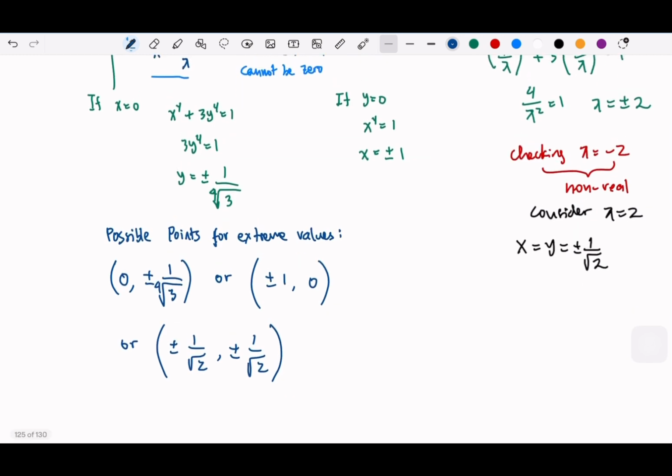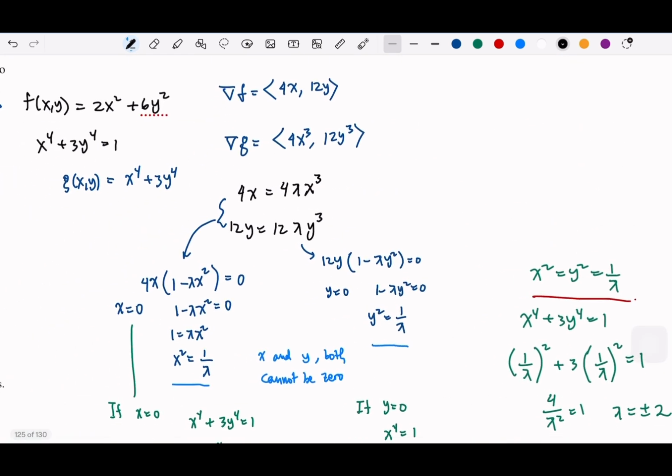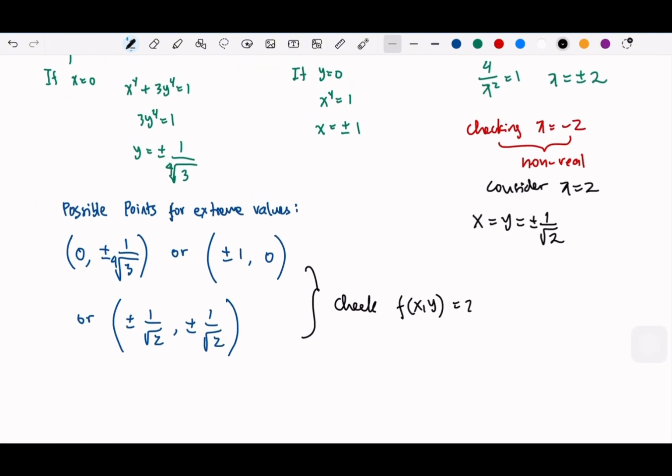So after this, check the f(x,y). f(x,y) is 2x squared plus 6x. Okay, checking back to this part. And since it is squared, it doesn't matter positive or negative, right? Because basically we are squaring, which makes them positive. So we can focus, I think we can check this one, since it has this.